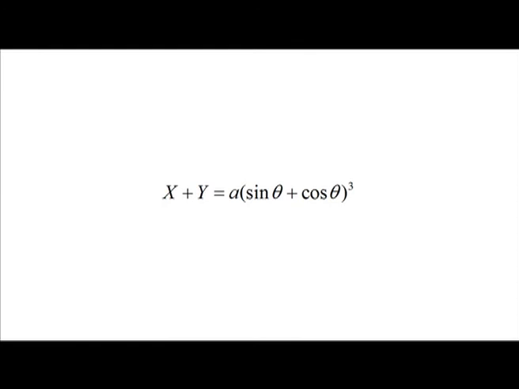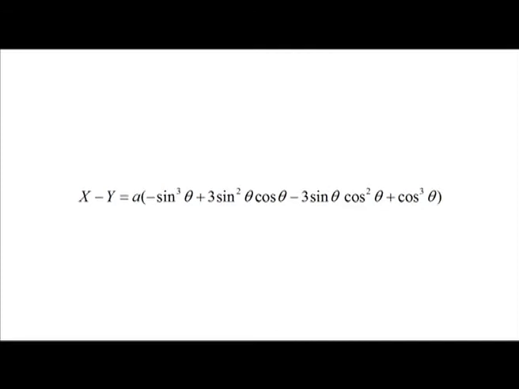Also, X − Y = a cos³θ + 3a sin²θ cos θ − a sin³θ − 3a sin θ cos²θ. That is, X − Y = a (−sin³θ + 3 sin²θ cos θ − 3 sin θ cos²θ + cos³θ).